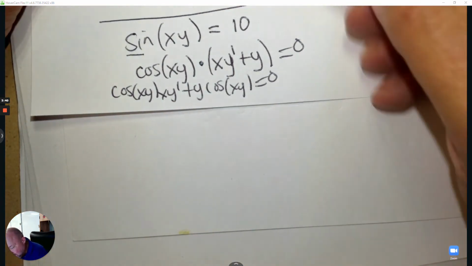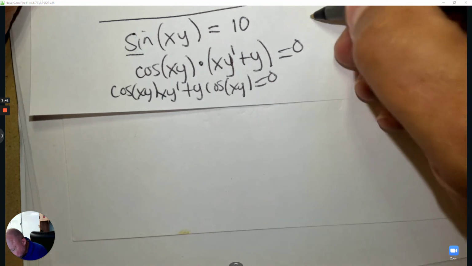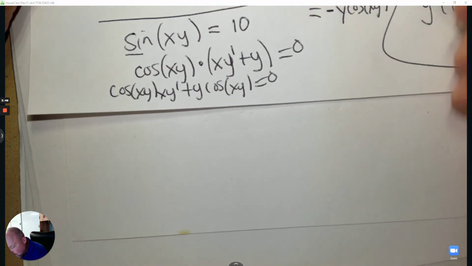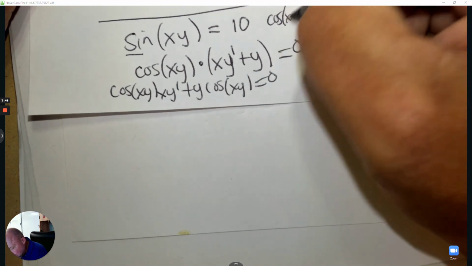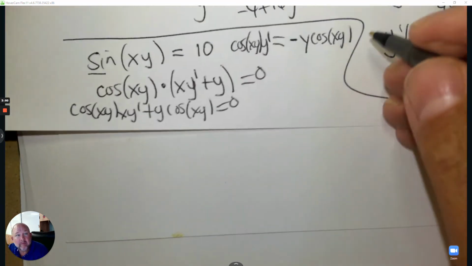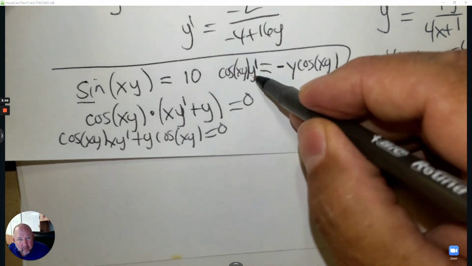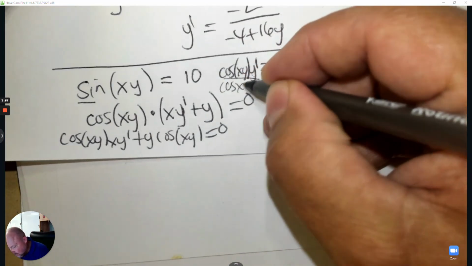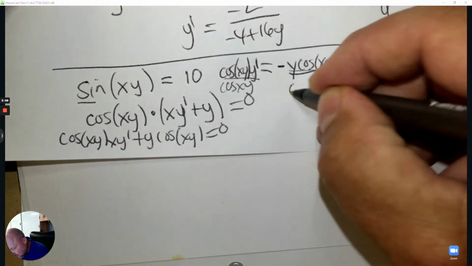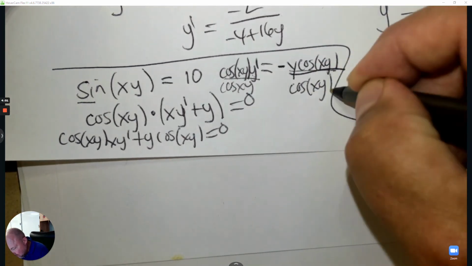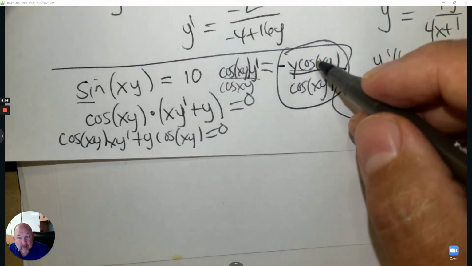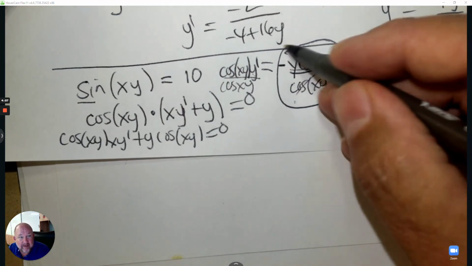So I would subtract y cosine xy, and then to get y prime by itself, I would divide by cosine xy. And then there's your answer right there. And notice the cosine xy's, in this case, actually divide out, and the answer is negative y.